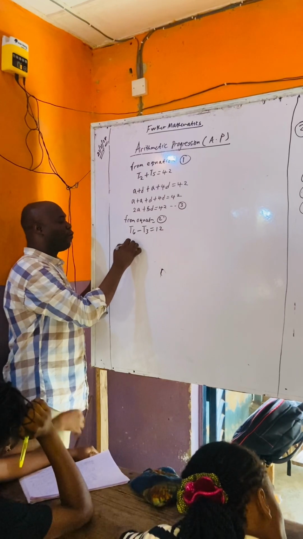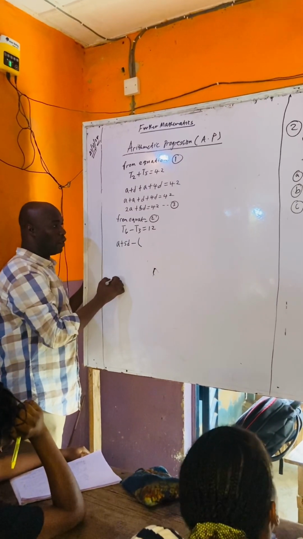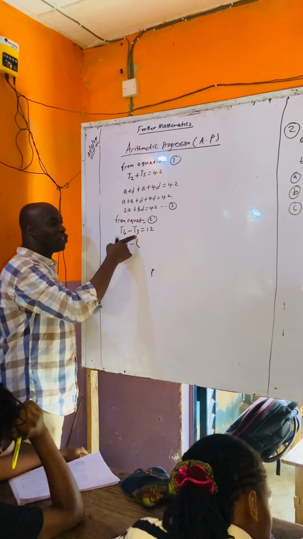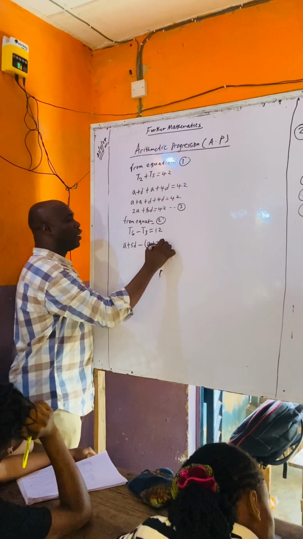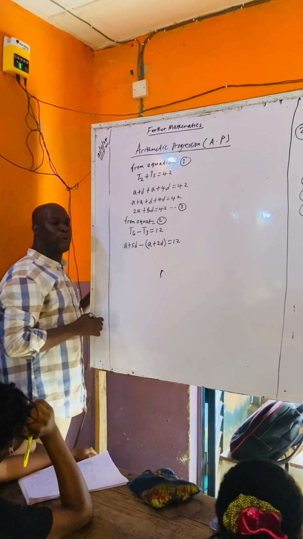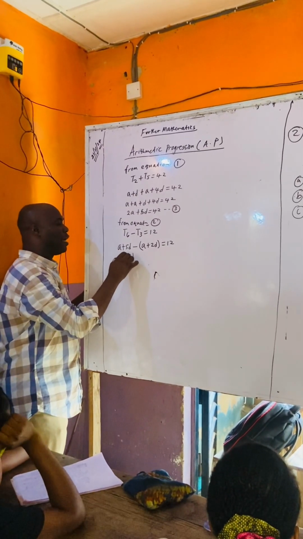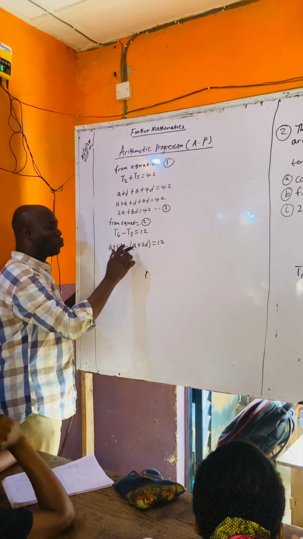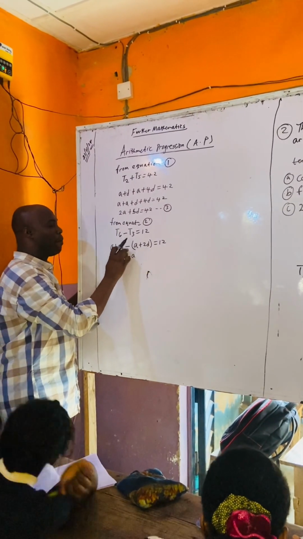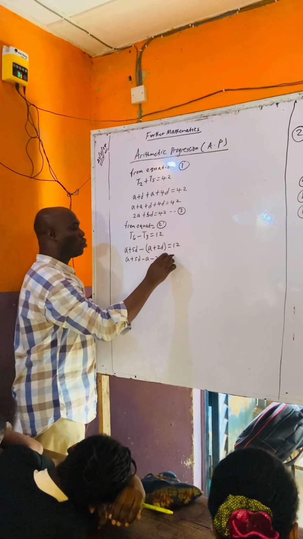A plus 5d, minus, put a bracket here, T3rd is going to be what? A plus 2d, equal to 12. Are we together? Yes, sir.